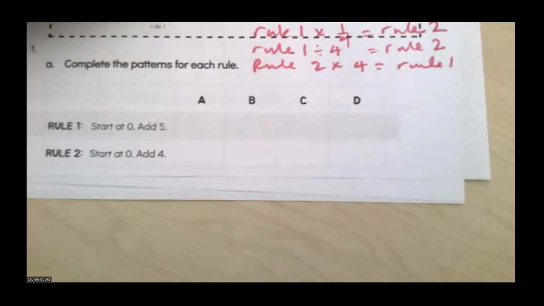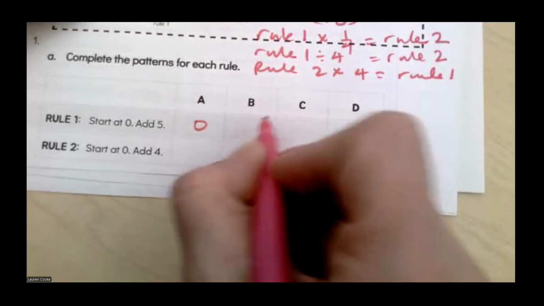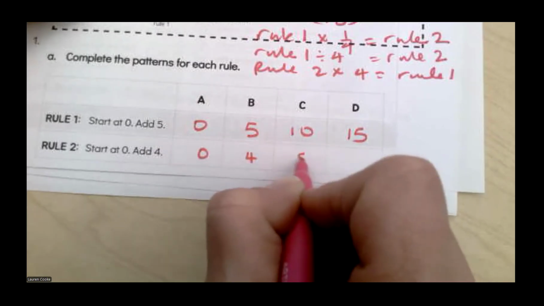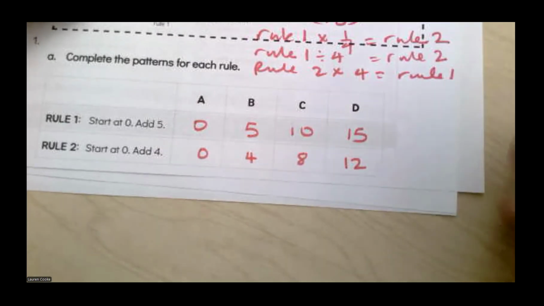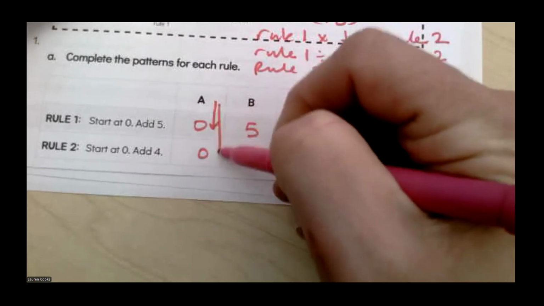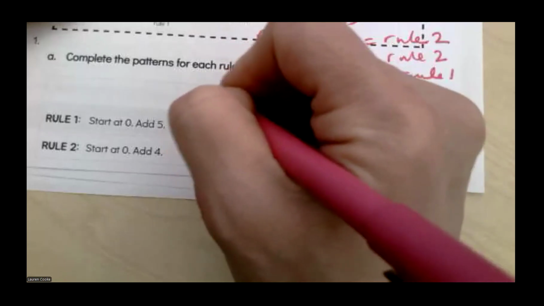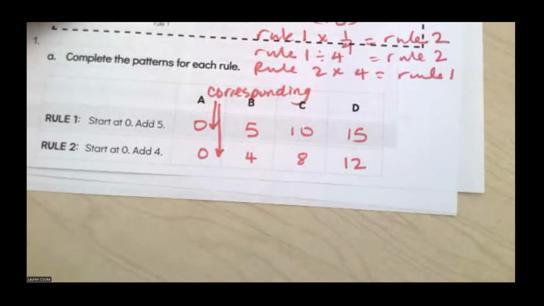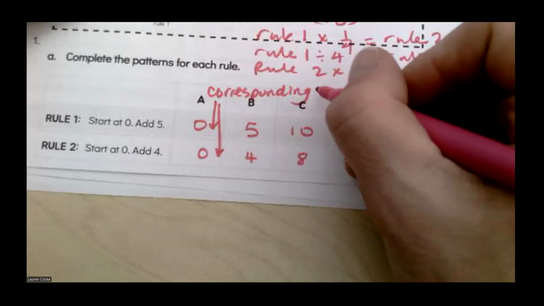All right. Let's look at a new set of goals. I love this. Start at 0, add 5. 0, 5, 10, 15. 4, 8, 12. Also, I forgot to mention that these numbers that are in the same spot are what we call corresponding. That's another really important geometry word.